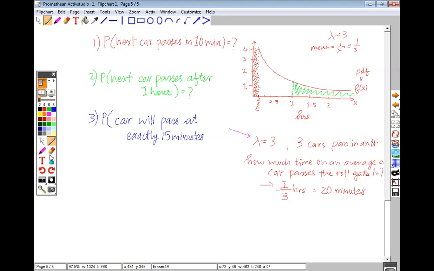Okay, maybe let me do it 30 minutes. Anyone? It will be a very, very small probability, almost equal to 0. Almost equal to 0, right?